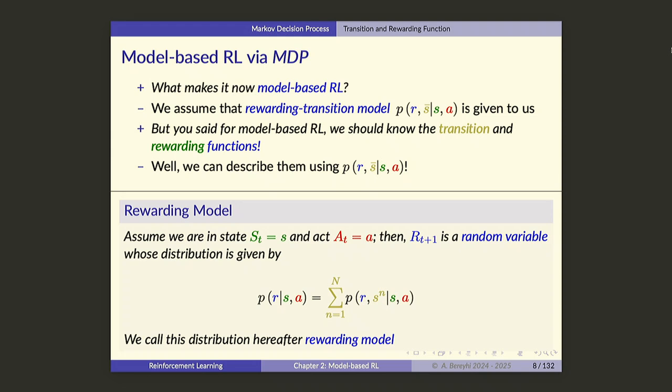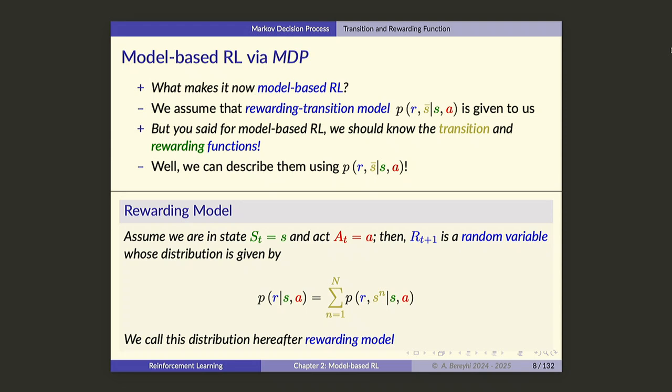In the original formulation, I told you there is one rewarding system, right? And this is going to tell you what is the reward given every state and action pair that you have. Now, if you want to get there, you can simply marginalize this one over all the states.